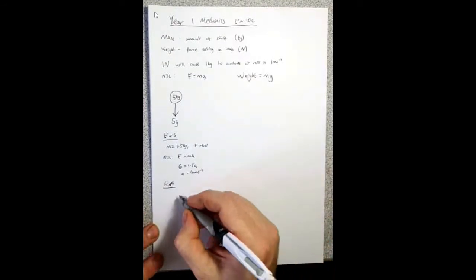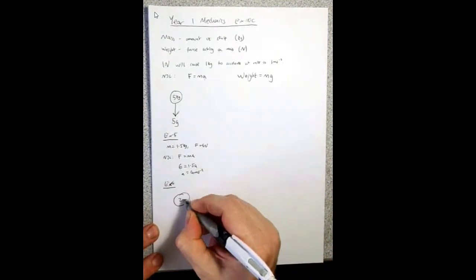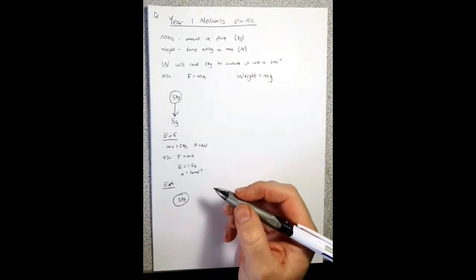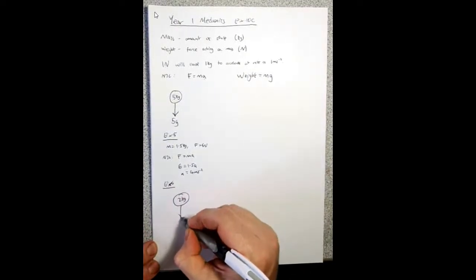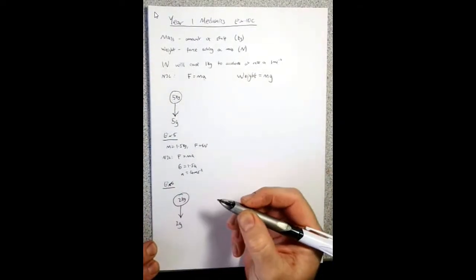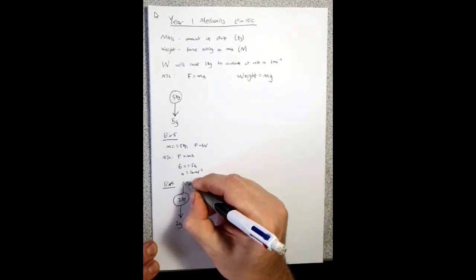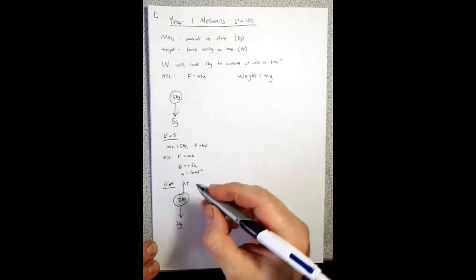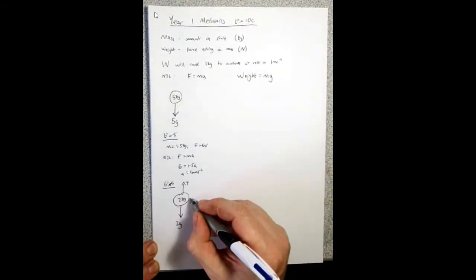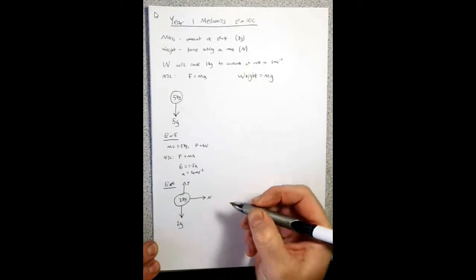We are bothered about direction for example 6. Example 6 gives us a diagram. It gives us a mass of 2 kilograms. It tells us, in fact, it does this bit for us, doesn't it? 2g. There's some force acting vertically.